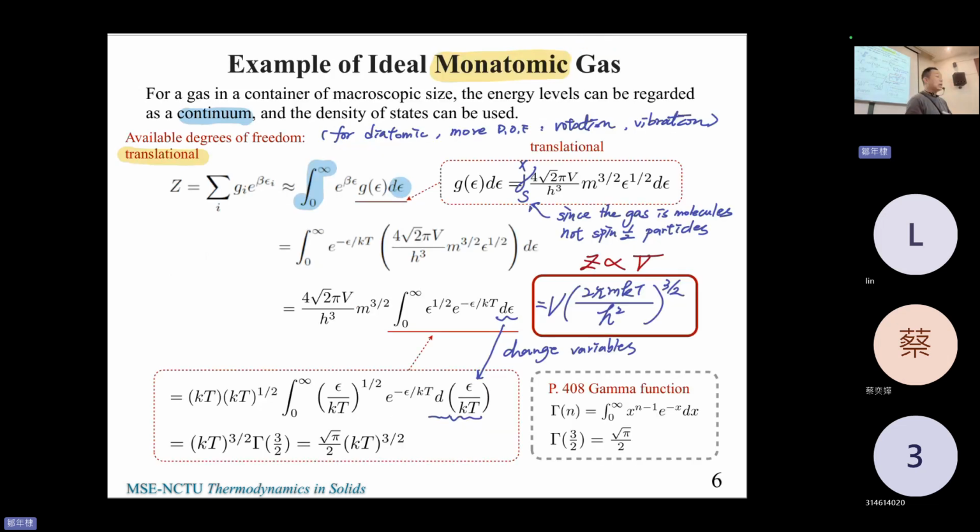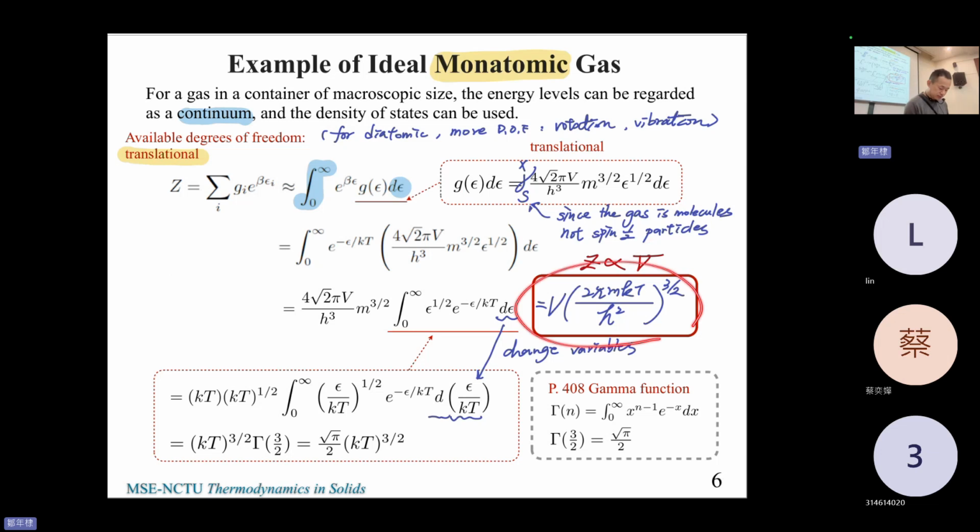And then we substitute the translational degeneracy function, G. Remember, we used the particle in the box, right? And we determined G. Then we substitute G into Z, and we can conclude that Z is proportional to volume, right?